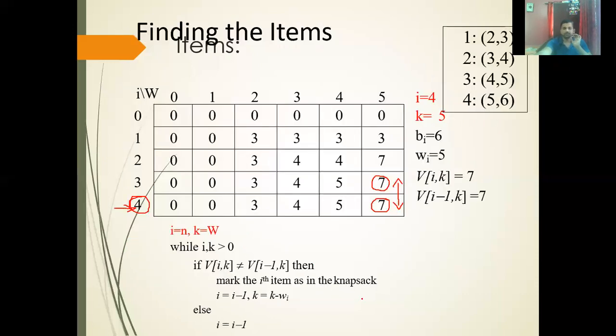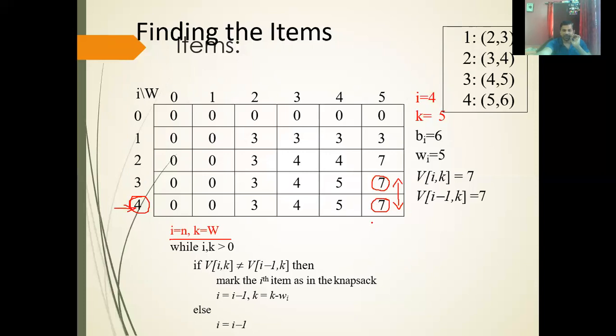See, 7 and 7. I is initialized to n, that is 4. K is initialized to capital W, 5. I and k both should be greater than 0. Yes, they are. V of i,k not equal to V of i minus 1 comma k. I'm comparing these two. I is 4, k is 5.